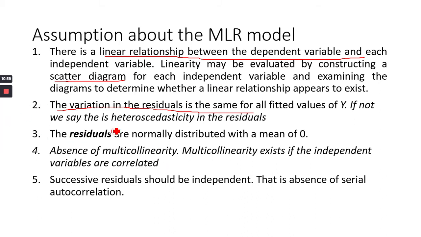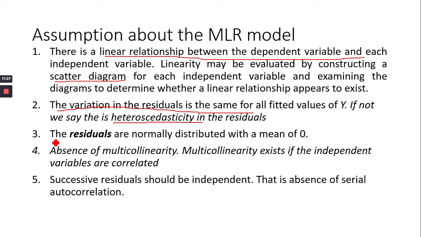Otherwise, if not, we say there is heteroscedasticity. If there is heteroscedasticity, actually we call that a monster when it comes to multiple linear regression. It is a monster because it affects the predictive power of your multiple linear regression model. So we have to ensure that there is homoscedasticity.